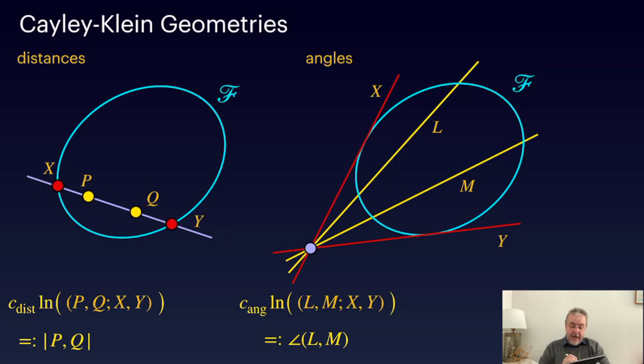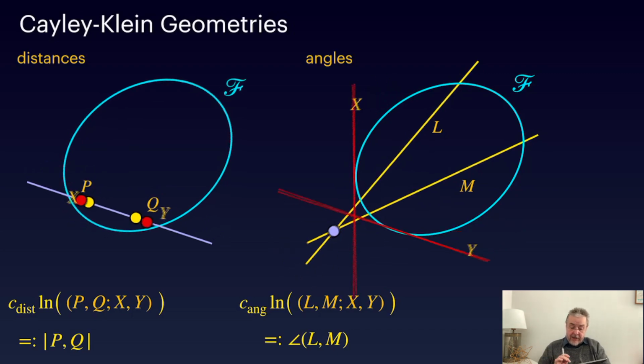I've drawn P and Q in a way such that they both were inside the conic, and so the join of them will always intersect the conic. And here I've drawn L and M in a way such that they intersect outside the conic, so the tangents could always be drawn. This is not the case in general.